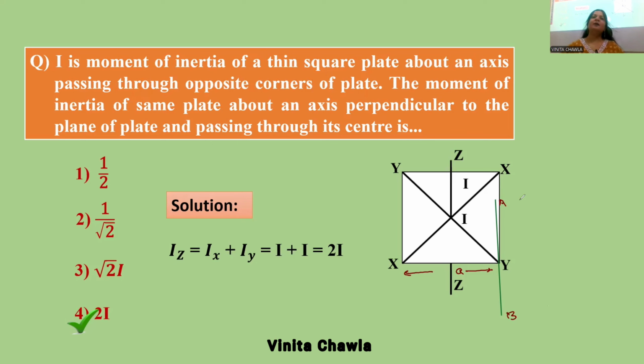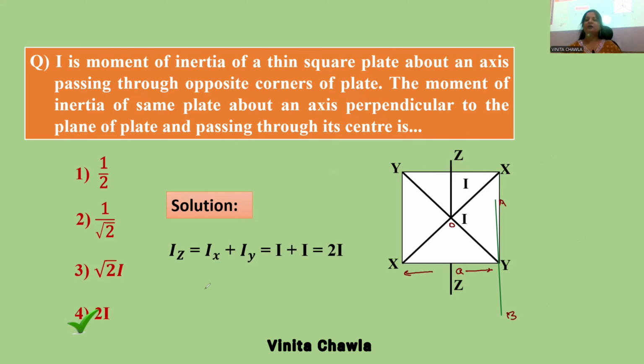See, this is a square plate. We have a symmetrical figure, so we can assume that the center of mass lies at the center where the diagonals cut each other. Let this point be the origin, and the center of mass also lies here. So this axis Iz is actually passing through the center of mass. So how will you find the moment of inertia about AB now? a is the side.